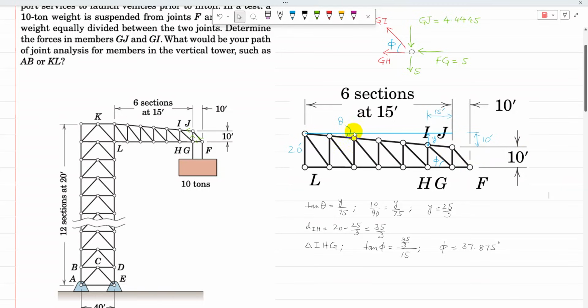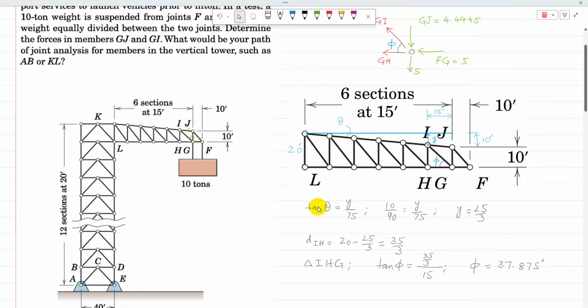And then I can find out how the values are decreasing. Assuming that from the horizontal and joint I, its distance is y, and angle theta is known, and the horizontal distance from L to I is 5 times 15. So I can use tan theta, opposite y and adjacent is 15 times by 75.